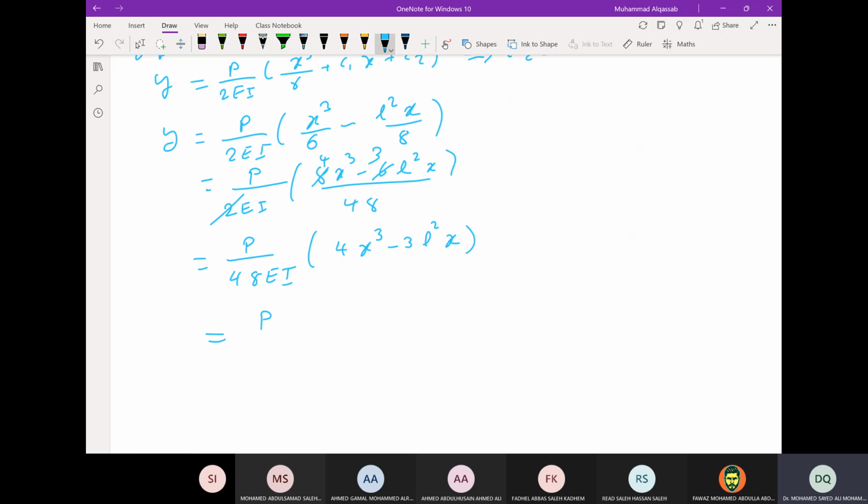This will be PL cubed over 48EI times 4 x over L to the power 3 minus 3 x over L. Okay, so you can see this is the deflection of the beam.